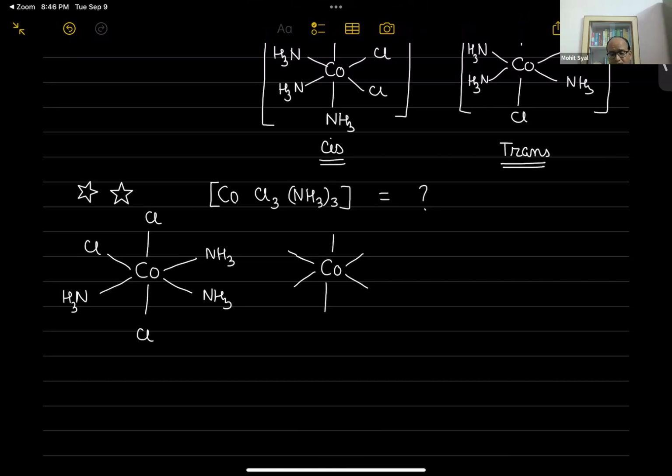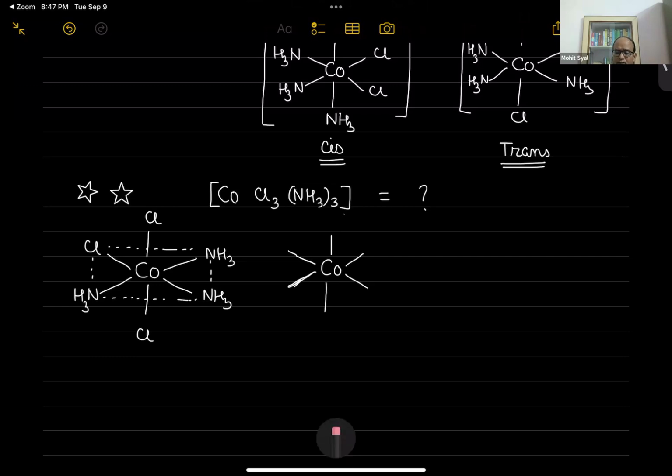How to draw the other isomer? What should I put at the top? Just tell me how you have drawn it. This is one isomer, that is absolutely correct. But how have you drawn the other isomer? What should I put at the top?